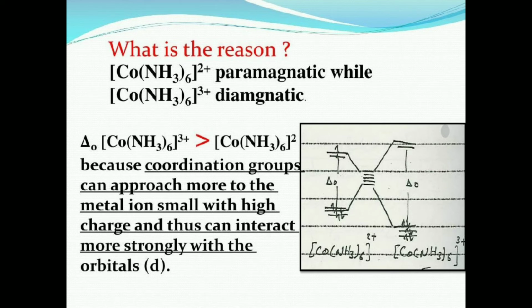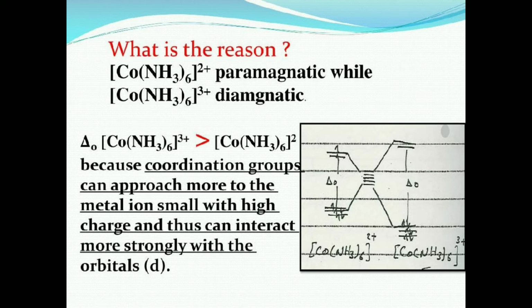Here the value of delta 0 is lower, meaning there is a smaller difference between the highest and lowest energy levels. Also, in the lower energy level there are two paired electrons and one unpaired electron, and at the highest energy level there are two unpaired electrons. So there are three unpaired electrons in this complex. Ultimately this is a paramagnetic structure.